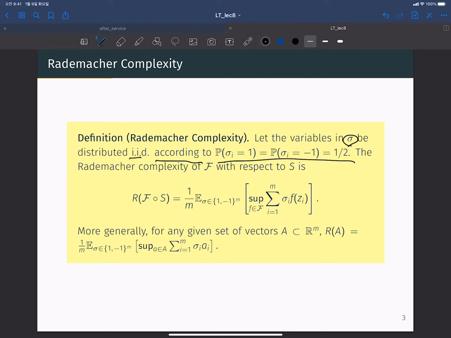In other words, the probability that sigma_i is equal to 1 is the same as the probability that sigma_i is equal to -1. They both are 1 over 2. With this random vector sigma, the Rademacher complexity of our function class F with respect to the dataset S is defined as follows, with basically the approximate representativeness.